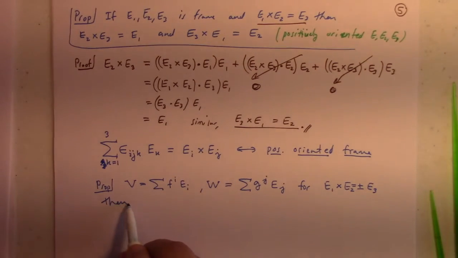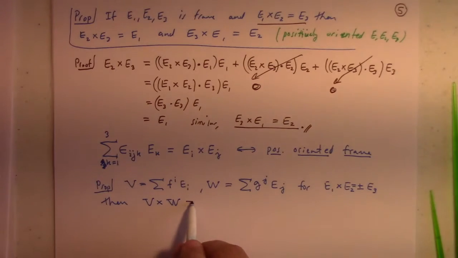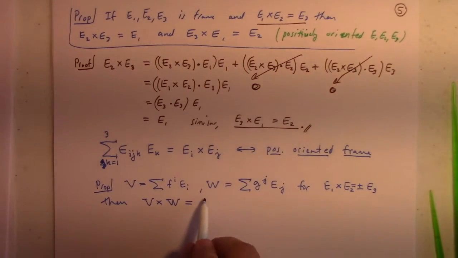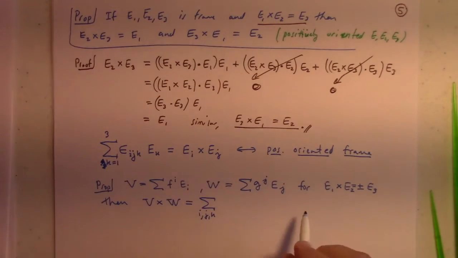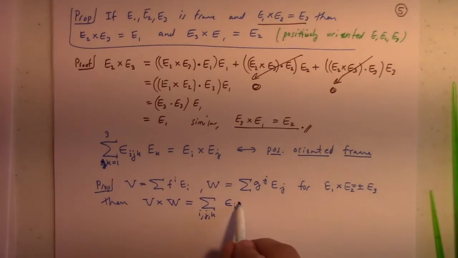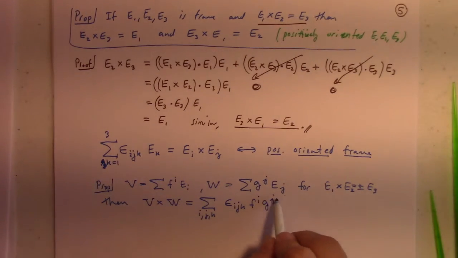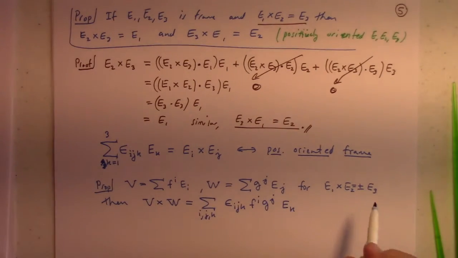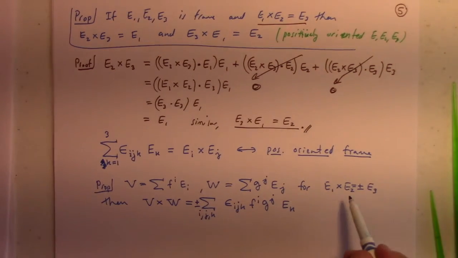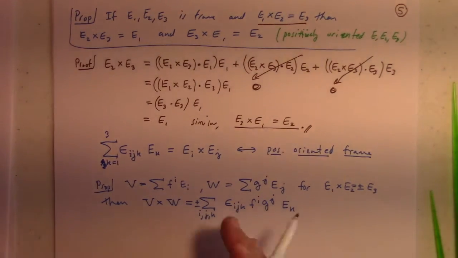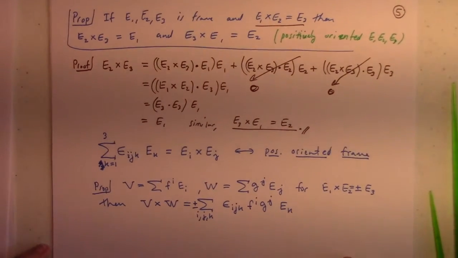Then V cross W is the sum over i, j, k of epsilon_ijk F_i G_j E_K, and you've got a plus or minus there. And the plus and minus follows: if it's a right-handed frame, it's plus. If it's a left-handed frame, it's minus. Just like that.